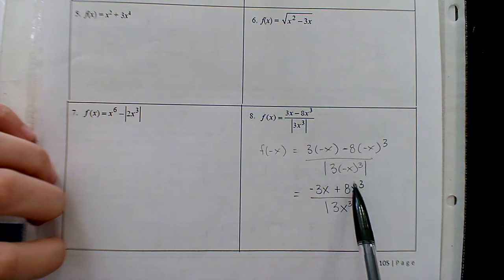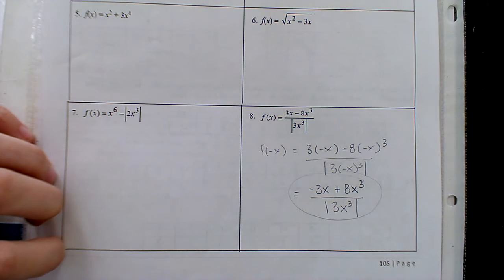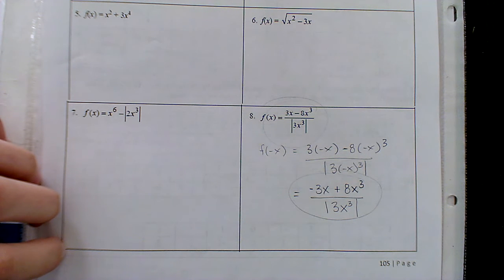All right, so take a look at what you get when you plug in negative x and compare it to the original. Exact opposite, exact same, or mixture. What do you think? How do you know?